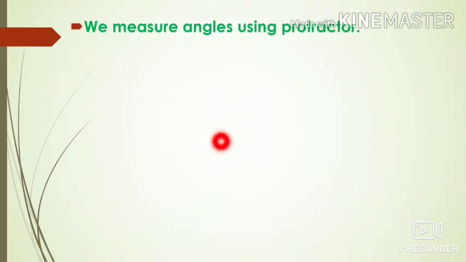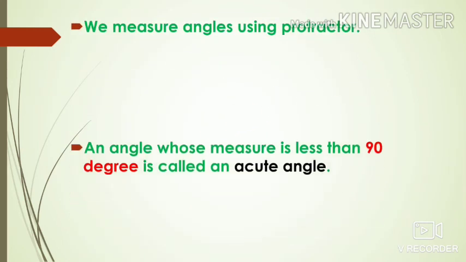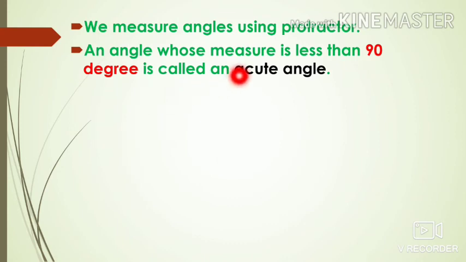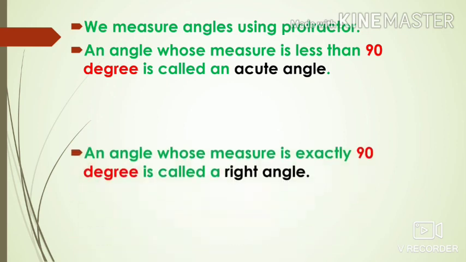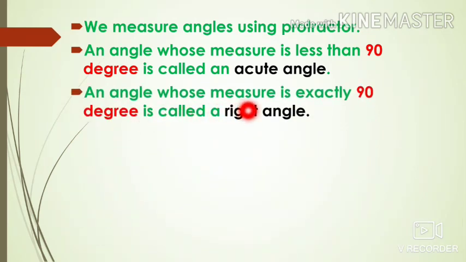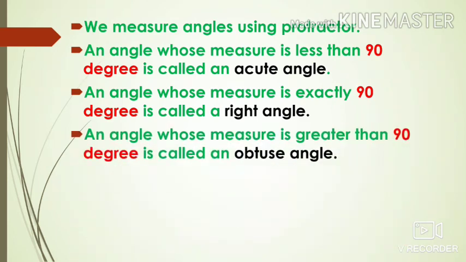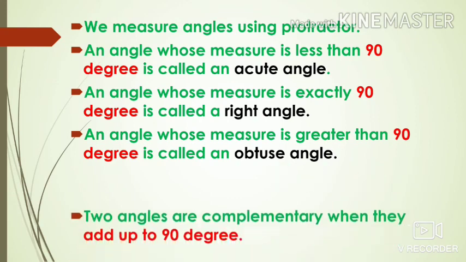We measure angles using a protractor. An angle whose measure is less than 90 degree is called an acute angle. An angle whose measure is exactly 90 degree is called a right angle. An angle whose measure is greater than 90 degree is called an obtuse angle.